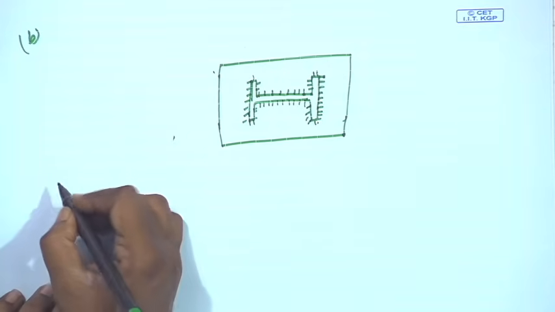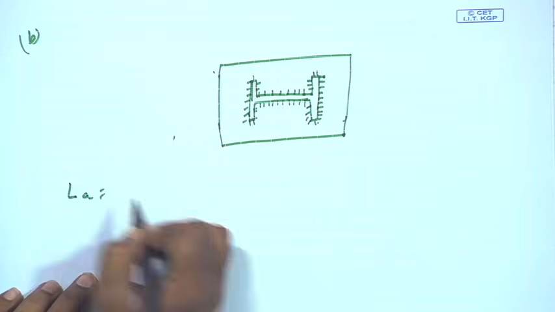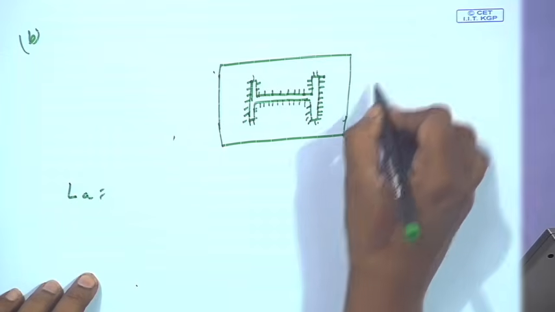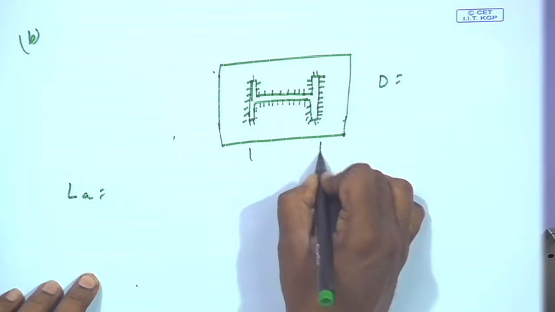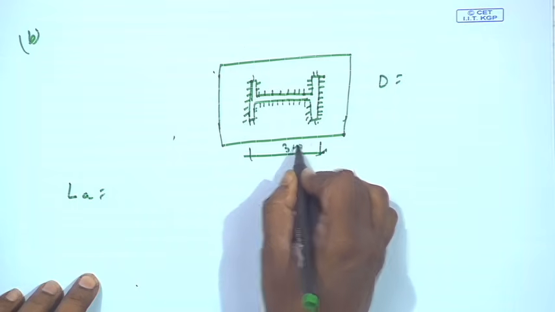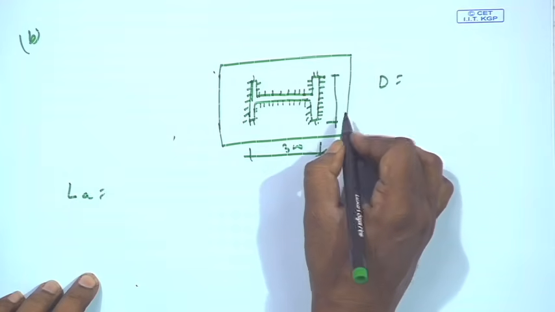So, the length available for welding around the column profile we can find out, because here D is 300 and this is 250.